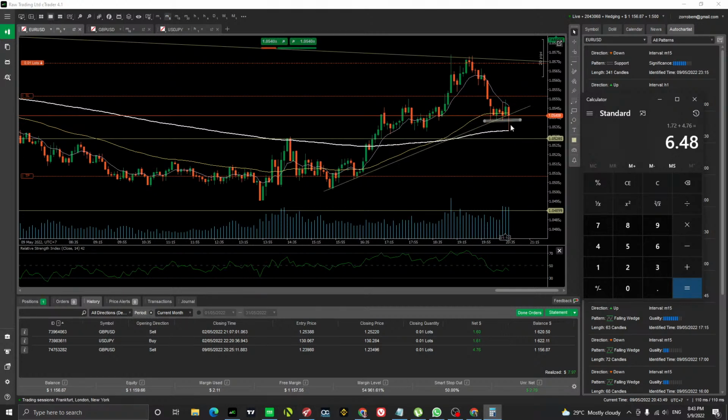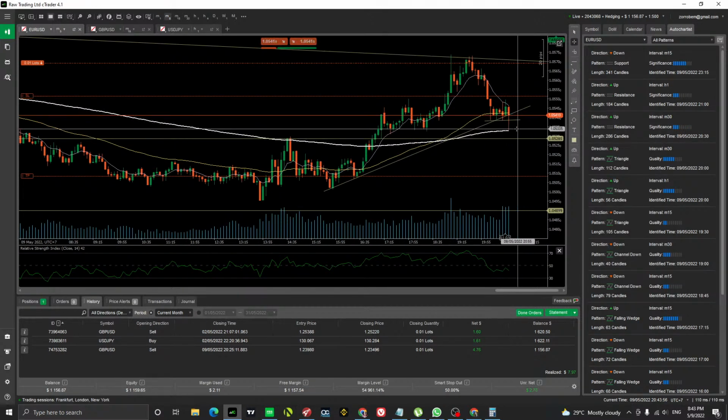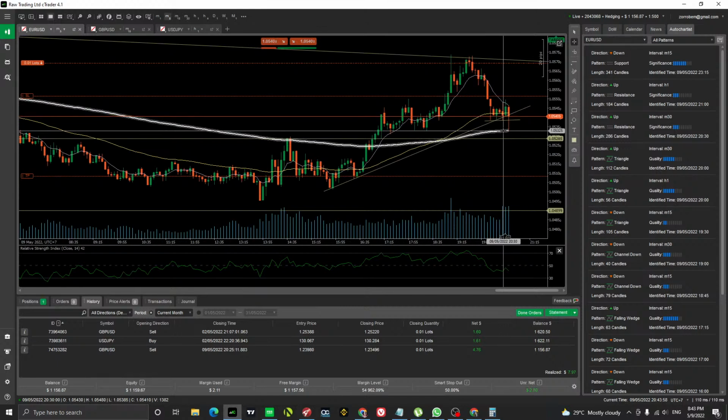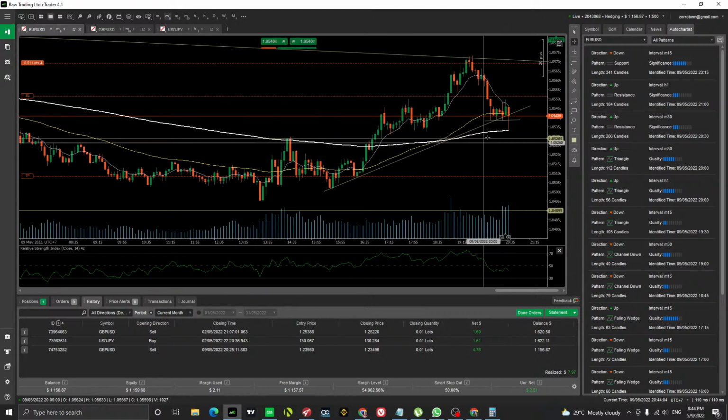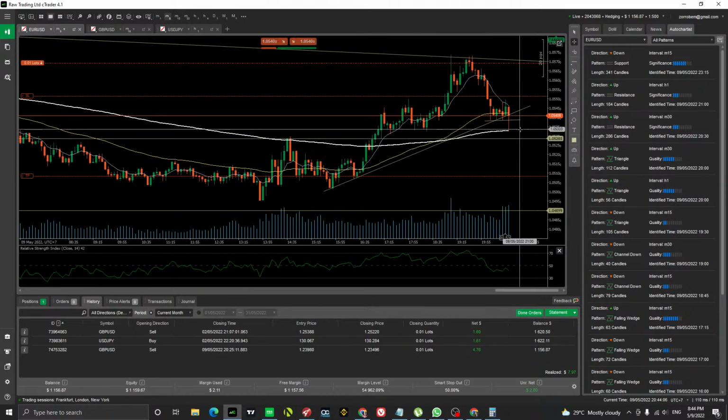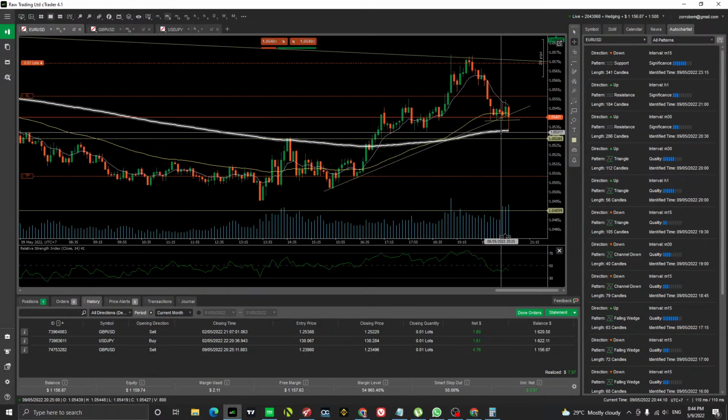So it rejected here because there are times I think it's good to take profit here, especially in the 200 moving average. There are times where it will break, but many times it will not break. It will bounce on the moving average.